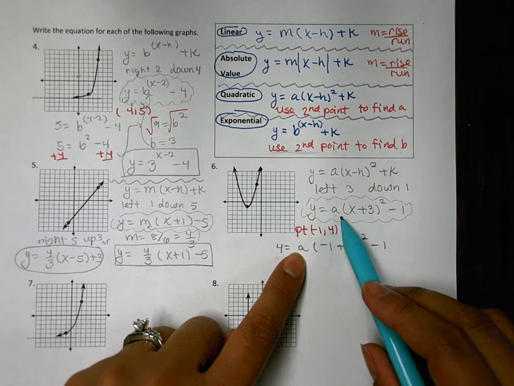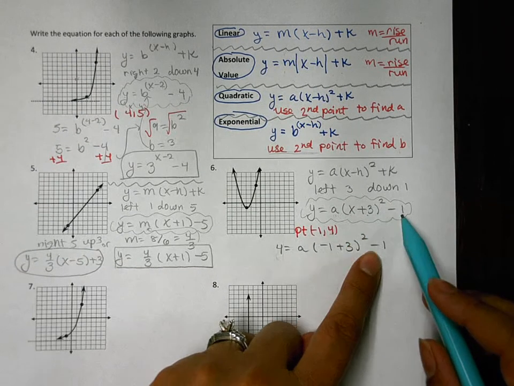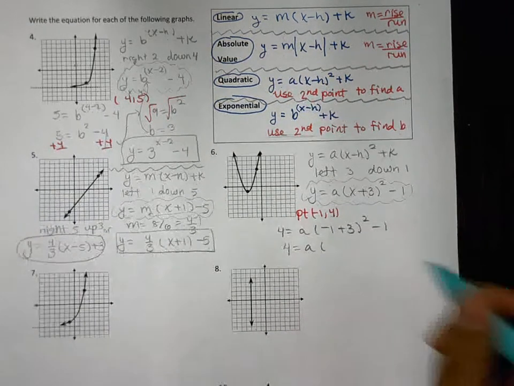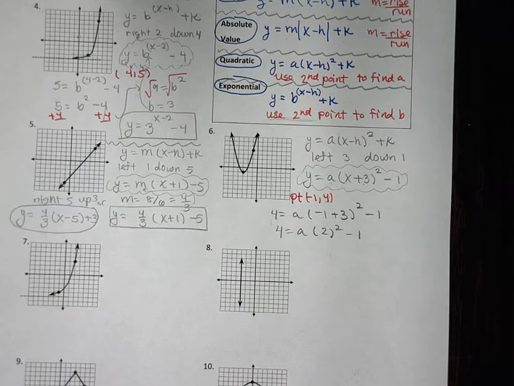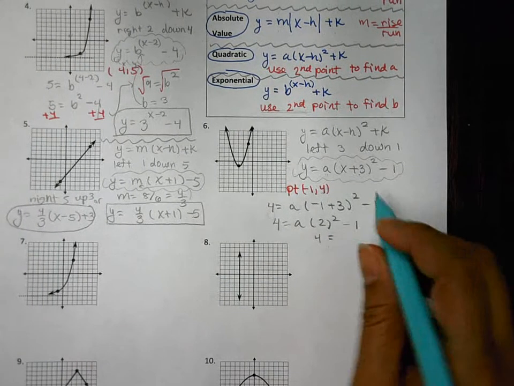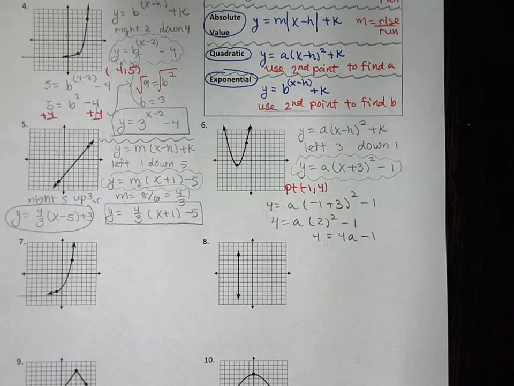A is still a. X is -1, plus 3 stayed, squared stayed, minus 1 stayed. 4 equals a times (-1 plus 3 is 2) squared, minus 1. I'm going to clean that up. 4 equals a, squared is 4. I'm going to write that like this. You could put a times 4, but it's the same as 4a. You're going to add the 1 to the other side.